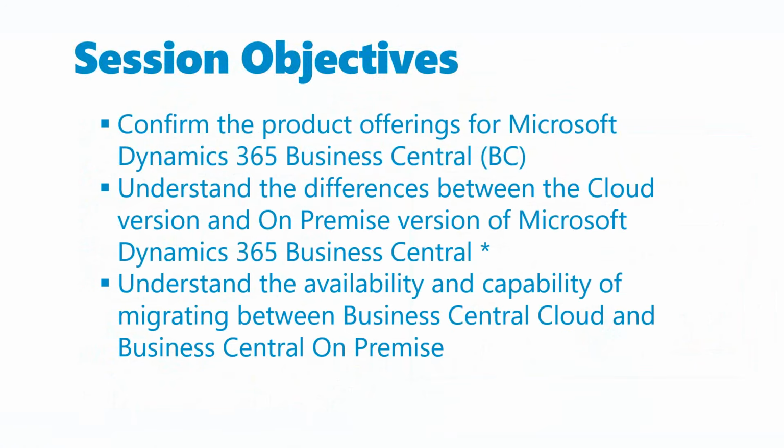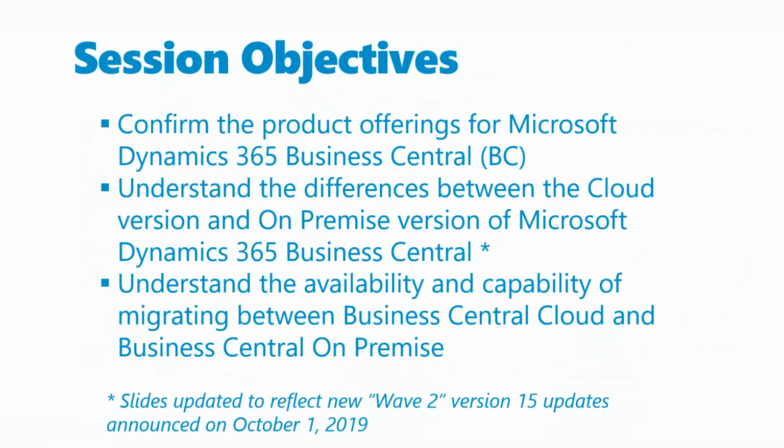Also to understand the availability and capability of migrating between Business Central Cloud and Business Central On-Premise. And this presentation has been updated to include all content effective the Wave 2 2019 release, or version 15 updates that came out in October 2019.